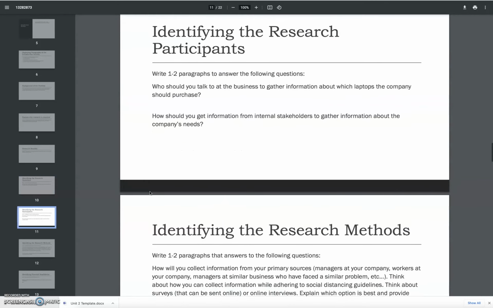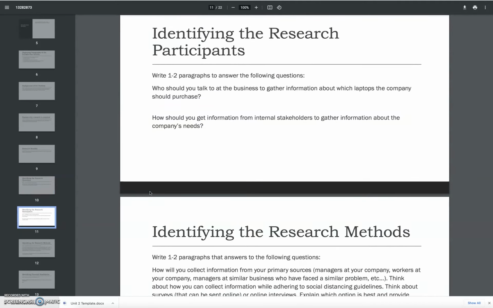Moving on to identifying the research participants. You're going to write 1 to 2 paragraphs to answer these questions. Who should you talk to at the business to gather information about which laptops the company should purchase? Going back to the example of running an after-school tutoring company, and you need to purchase new laptops, using real life common sense, who would you go talk to about what they need in a laptop?